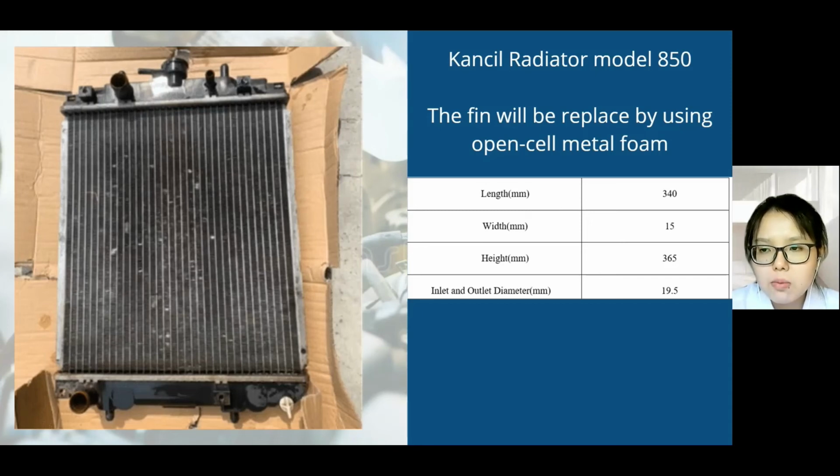The inlet and outlet diameter is 19.5 mm, and the distance between the fins is 0.79 cm. We haven't pulled out the fins of this radiator yet, so that process will be done next.